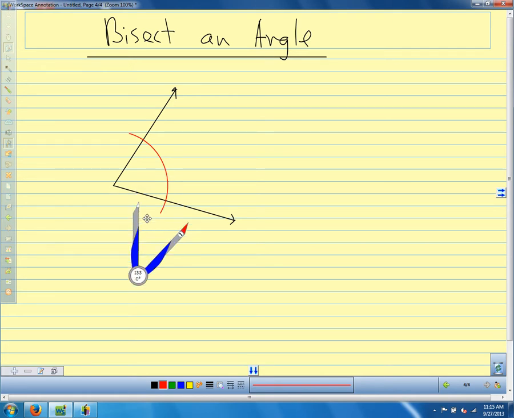Now I'm going to move the point of the compass to where the arc crosses the angle. And this time I need to open the compass more than halfway across the angle. So not far enough, not far enough, more than halfway across. Make an arc here.